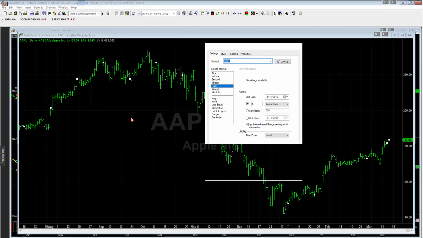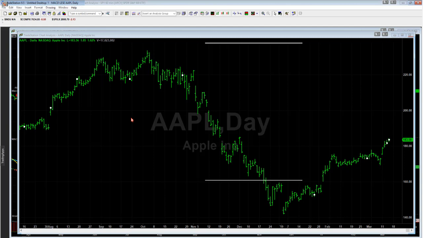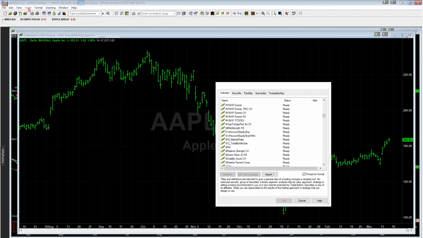Our initial strategy to test is MACD. To really visualize my strategy and my idea, I need to have the MACD indicator in the chart. So the first thing we're going to do is add the MACD indicator into this chart. I went to Insert Indicator, and I'm going to scroll down to MACD. These are all the indicators that come with TradeStation.